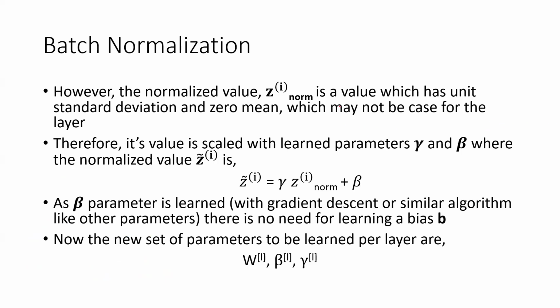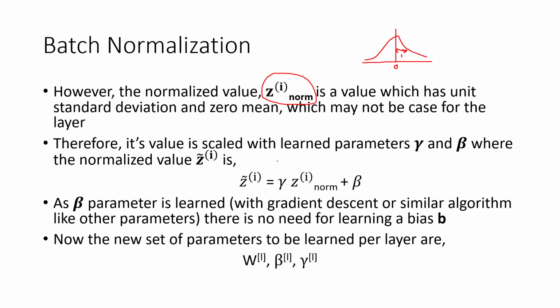However, this zi norm, which we have just calculated, is actually a z score, right? So what is the nature of z score? You may remember, z score is a value that has a standard normal distribution. It should have a standard deviation of 1 and a mean, or average, of 0, right?